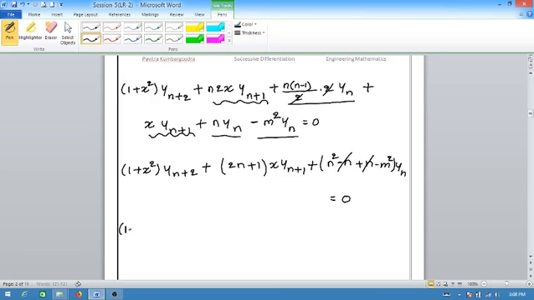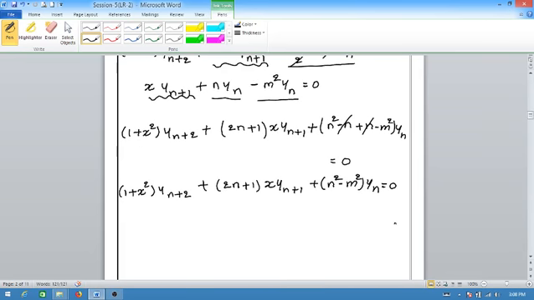So we will get 1 plus x square into y n plus 2, plus 2n plus 1 into x into y n plus 1, plus n square minus m square into y n is equal to 0. So this is the solution.